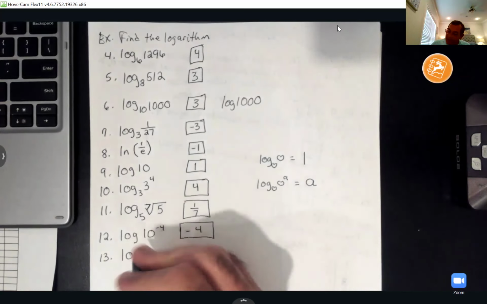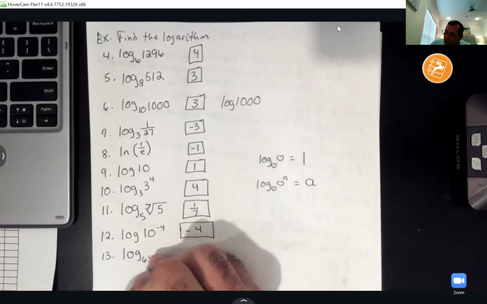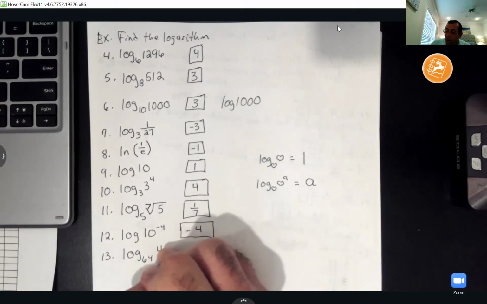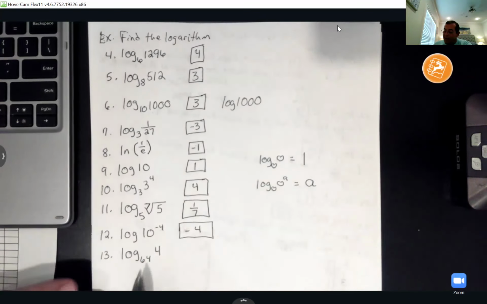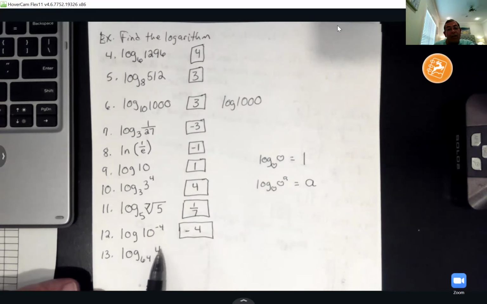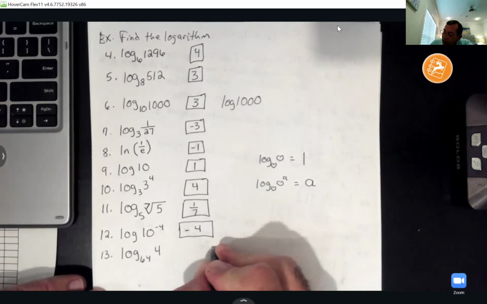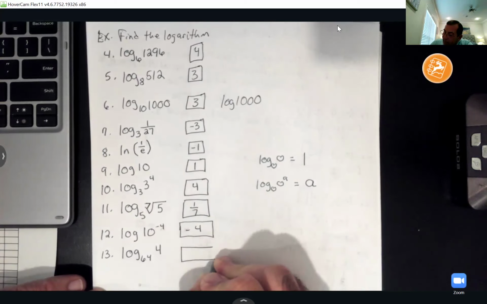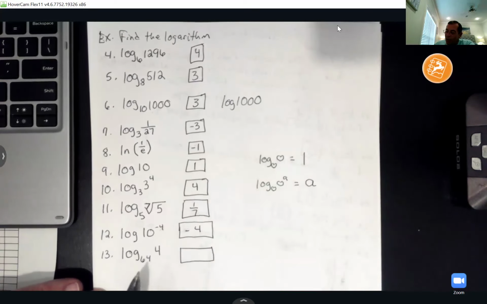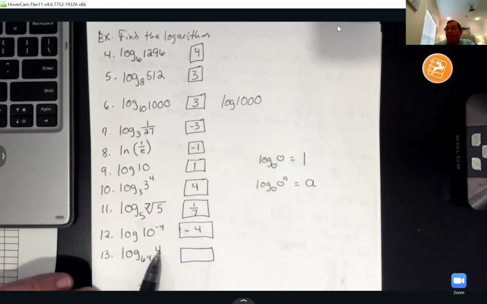All right, what about this? Log base 64 of a 4. Look at this. Your base is bigger than the result. So what in the world can I do to a base to make it look like a 4?